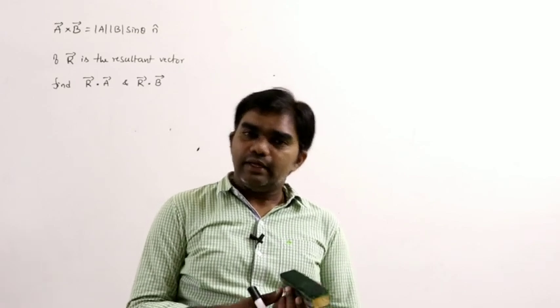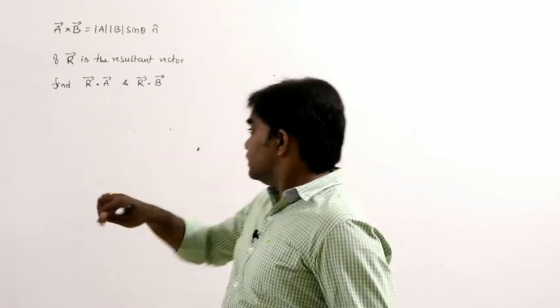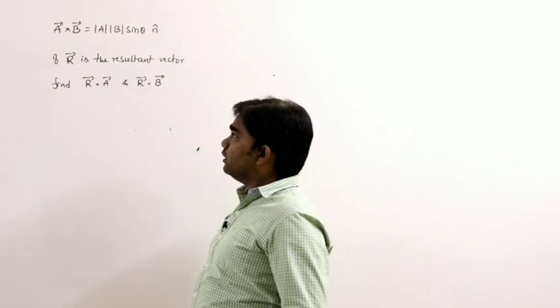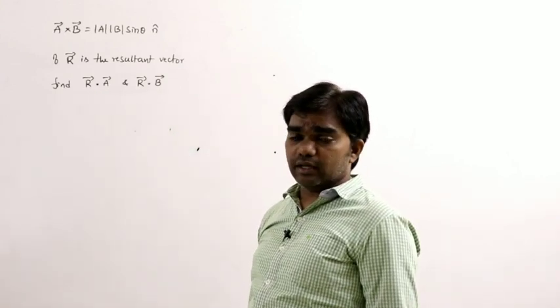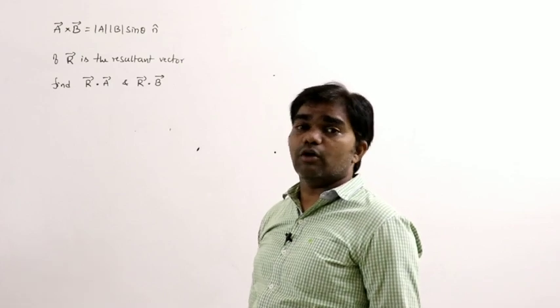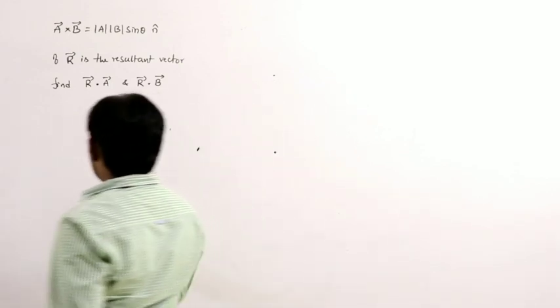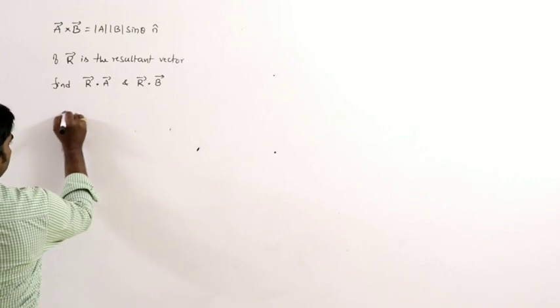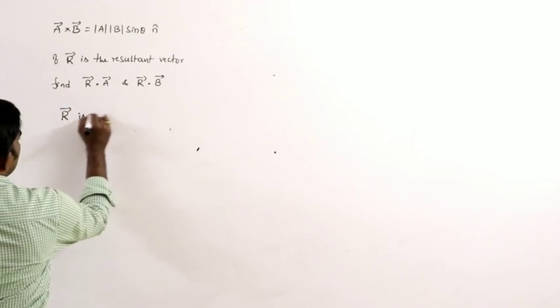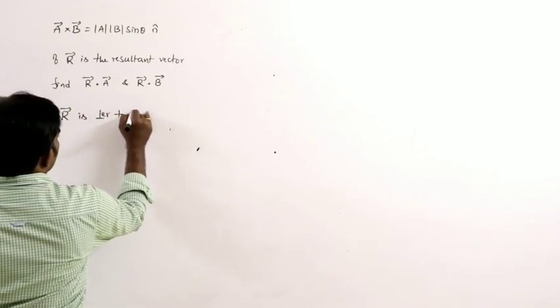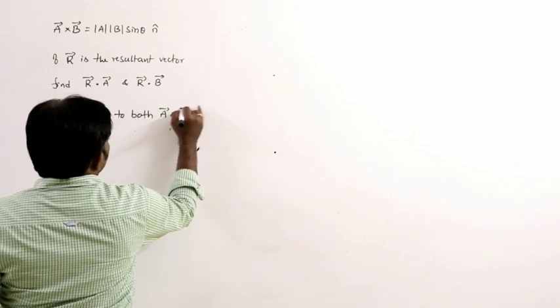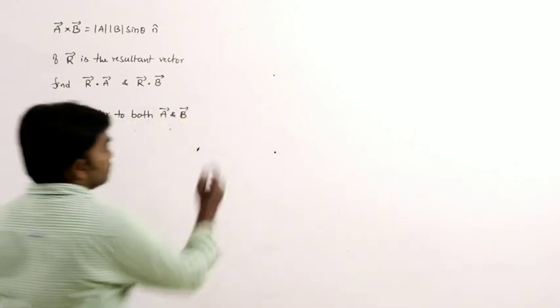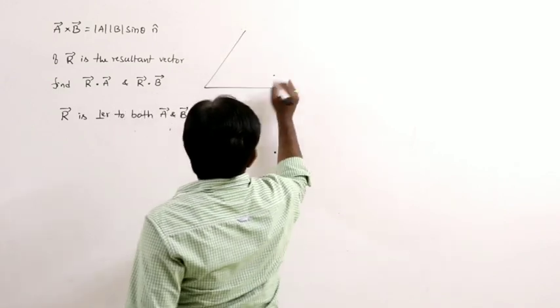R bar is nothing but a cross b. So find r bar dot a bar and r bar dot b bar. How can you calculate? According to the definition, r bar is perpendicular to both a bar and b bar. Right or wrong? See here.